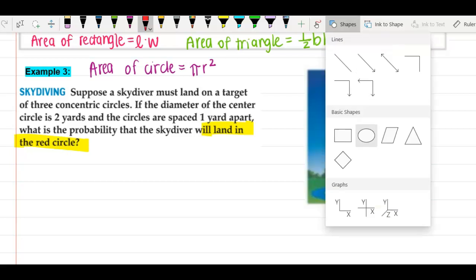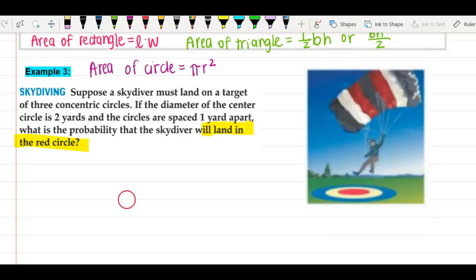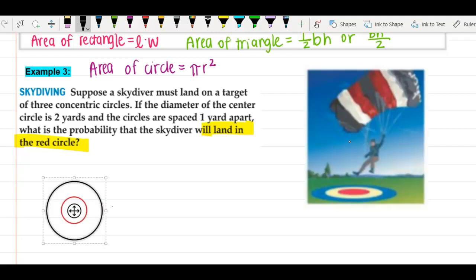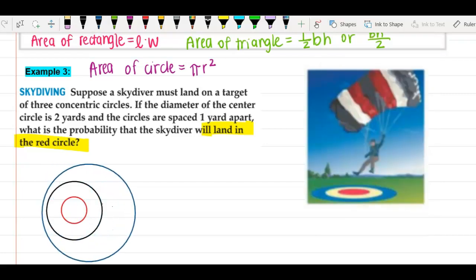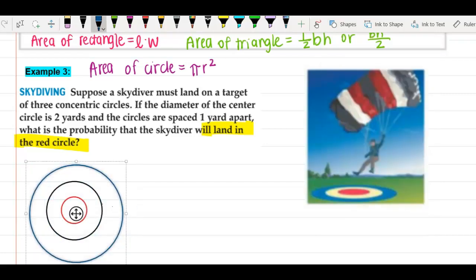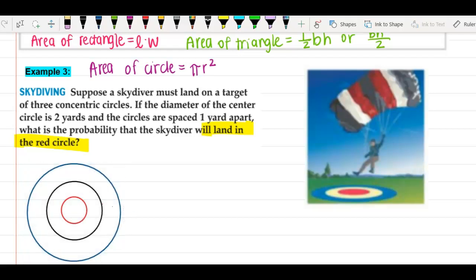On the inside, we have a little red circle, and then we have this cream colored circle. I'll just put that in black. It's going to be harder to label if we don't make a little sketch. And then we have the blue one. Obviously this is not going to be perfect, but just to give you some sort of idea.